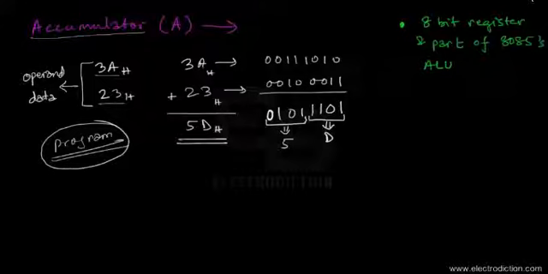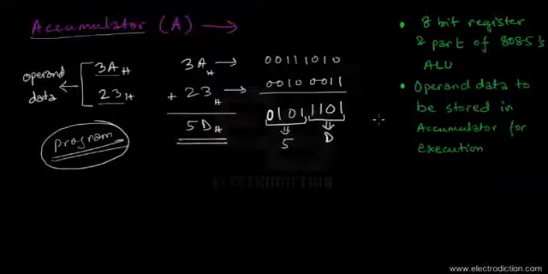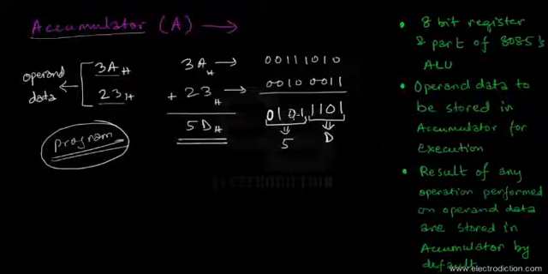Secondly, the operand data used in the program needs to be stored in the accumulator for execution. And the result of any mathematical or logical operation performed on any kind of operand data is stored in the accumulator itself. This is basically a default process, which is brought about in the third point.